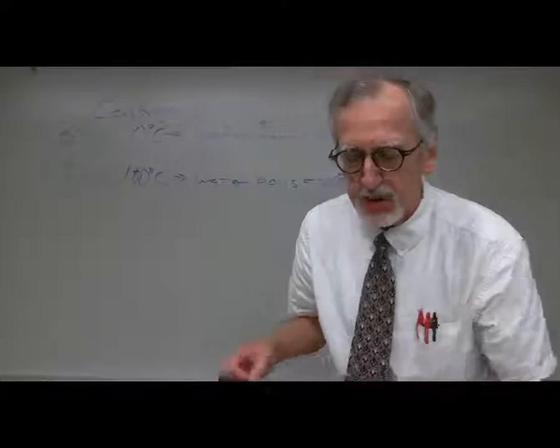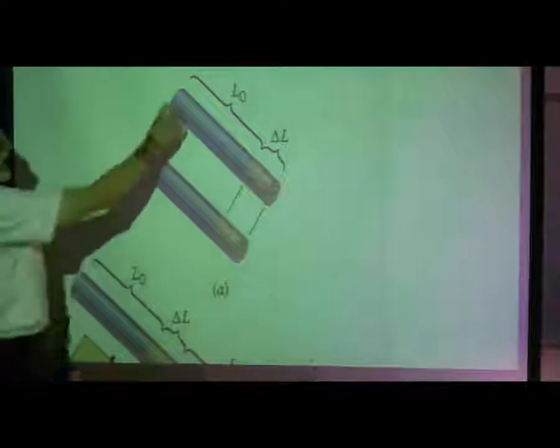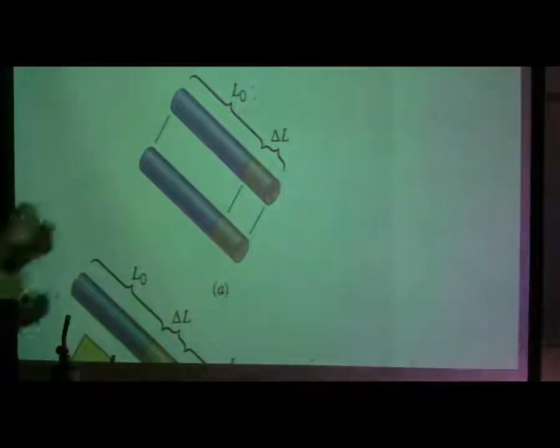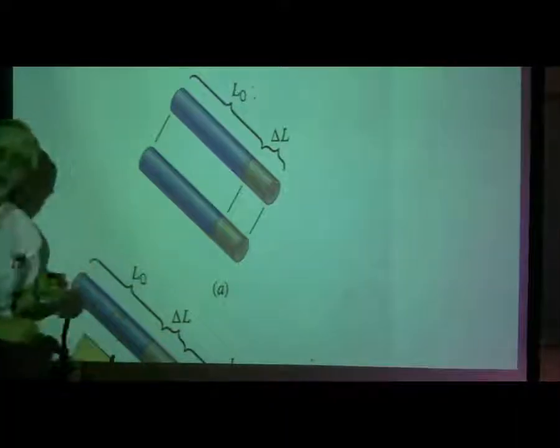So let's look at this quantitatively. Let's look at a one-dimensional object. Imagine we've got a rod or something like that. As that rod heats up, it's going to expand in all dimensions, but let's just look at one dimension of its expansion.